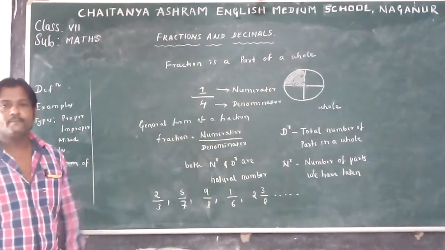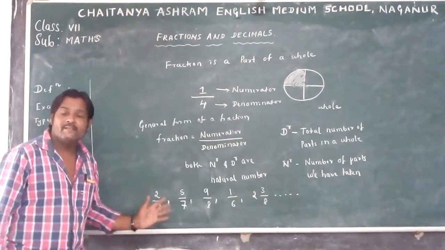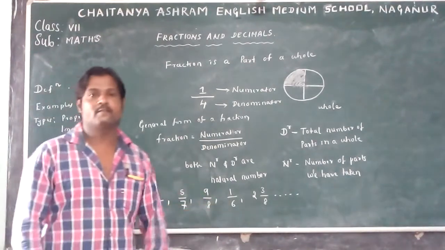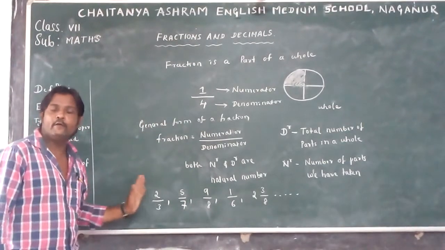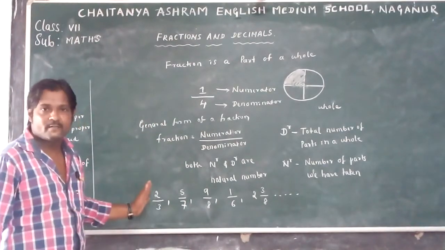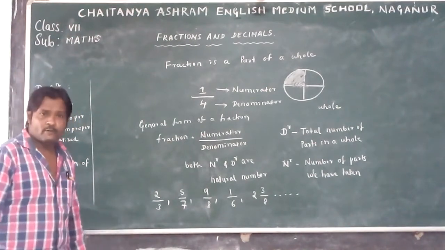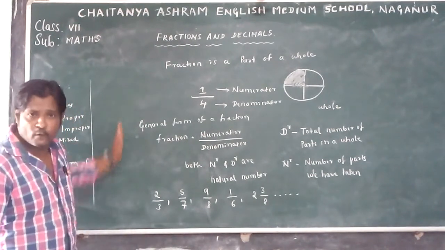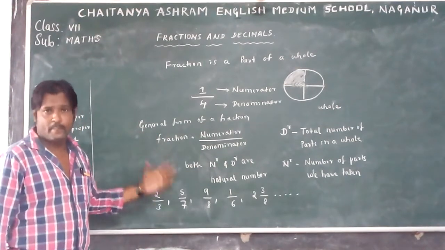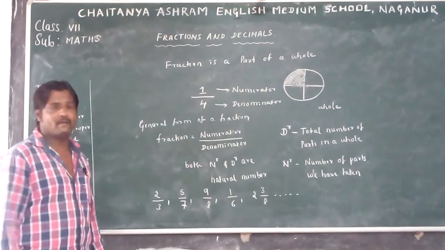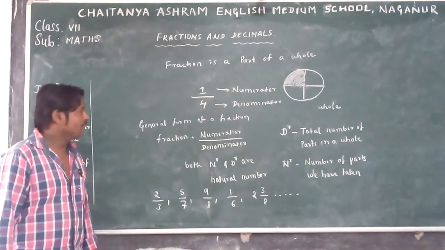These are the examples of fractions. So this is our basic introduction to fractions. Dear students, take a screenshot of this video and write the notes later in your notebook.